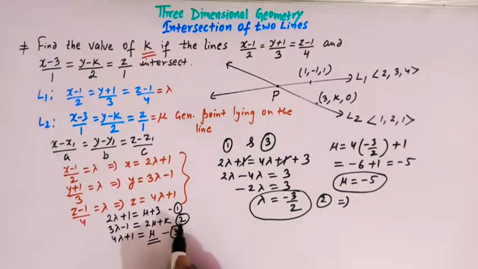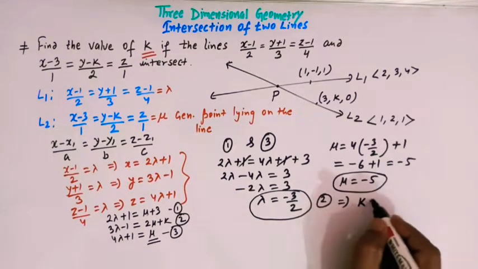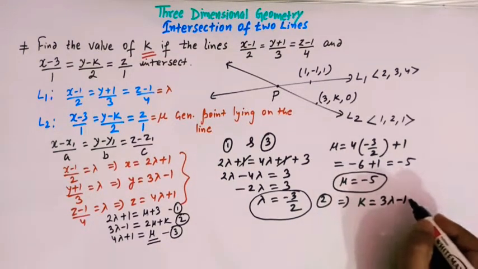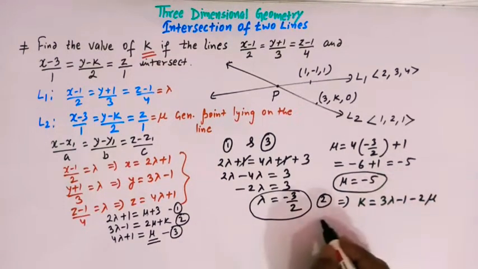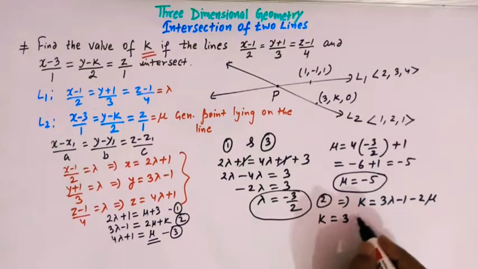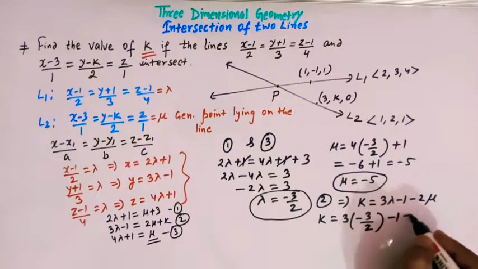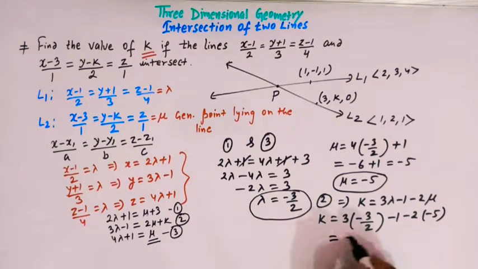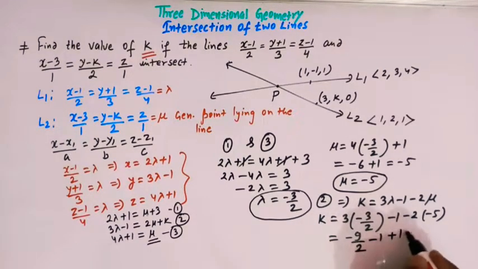From equation 2, the value of k can be written as 3 lambda minus 1 minus 2 mu. So k is now 3 times minus 3 over 2 minus 1 minus 2 times minus 5, and here we have minus 9 over 2 minus 1 plus 10.